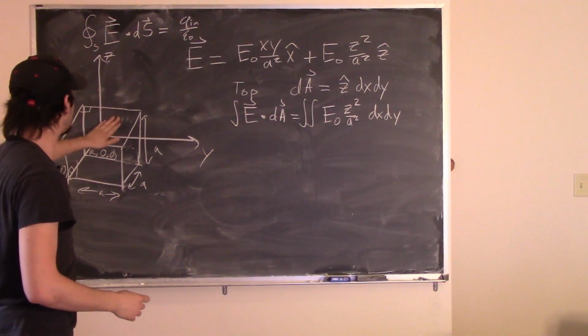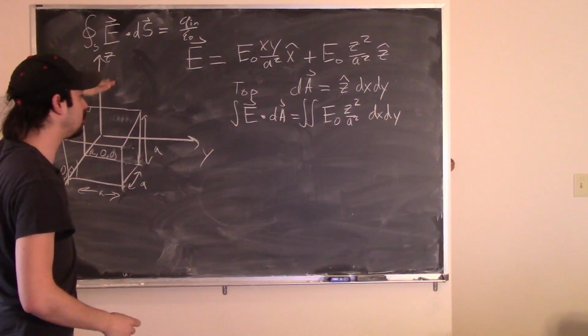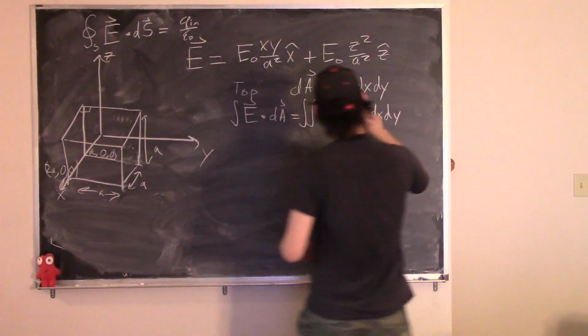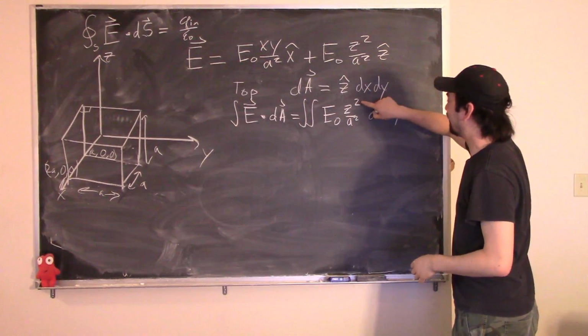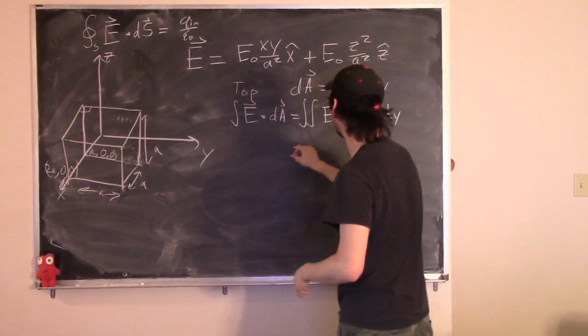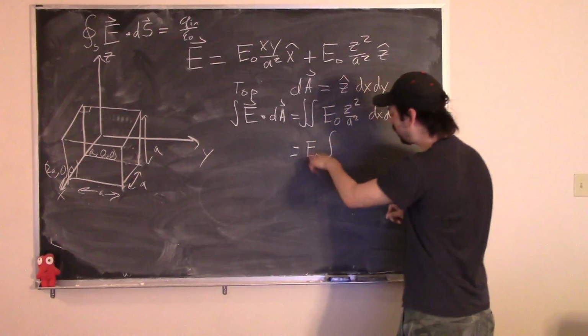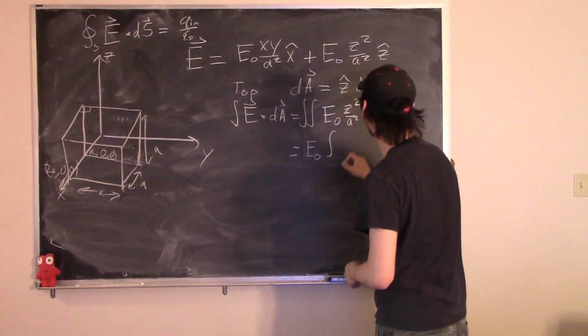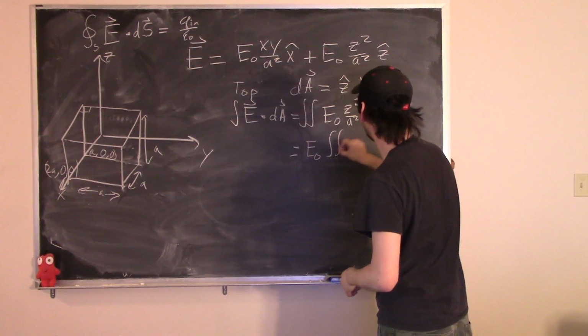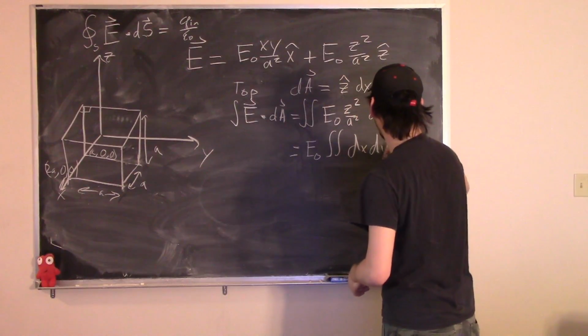Because this is elevated from the xy plane some distance a. And so we can plug in a for z, and then this is going to reduce nicely, and so we're just going to have E0 times the double integral dx dy.